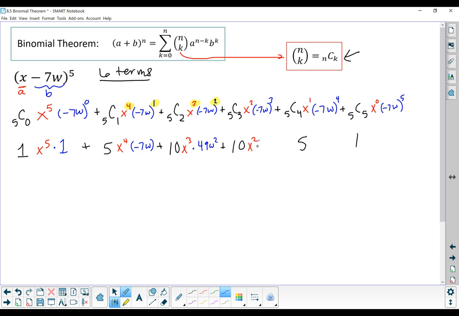Negative 7w raised to the third power is negative 343w to the third power. And negative 7w to the fourth power is 2,401w to the fourth.